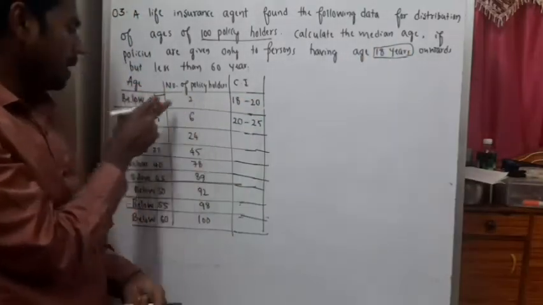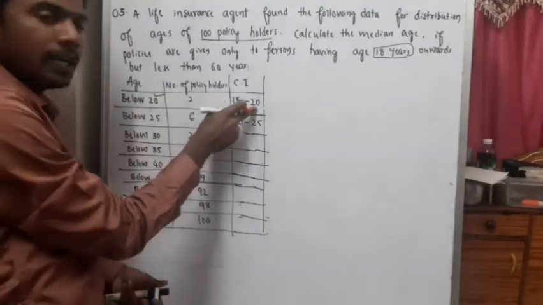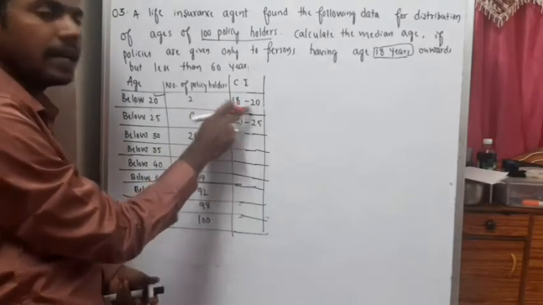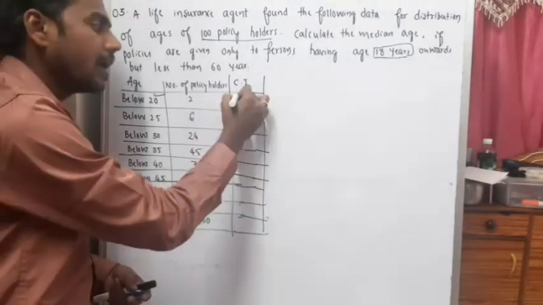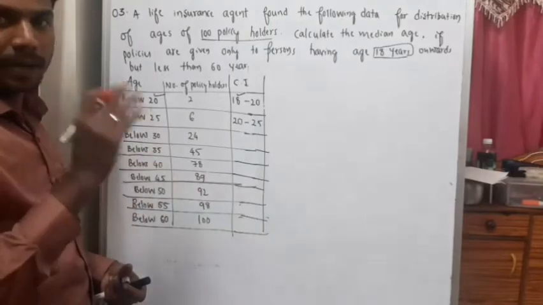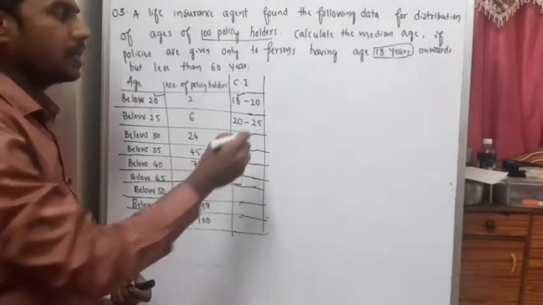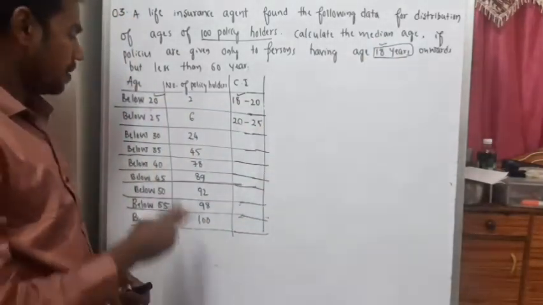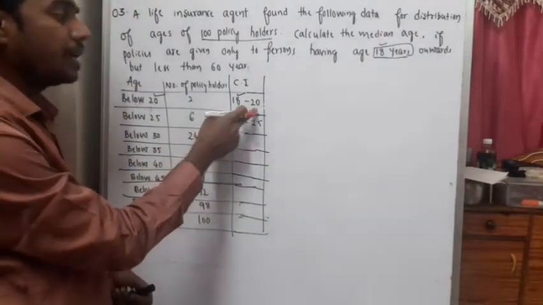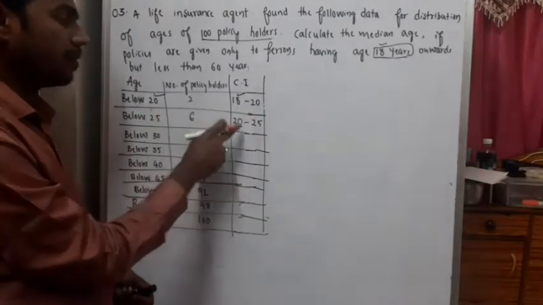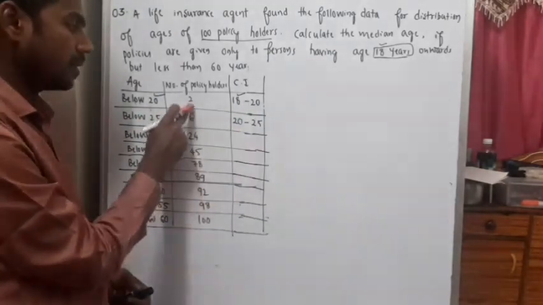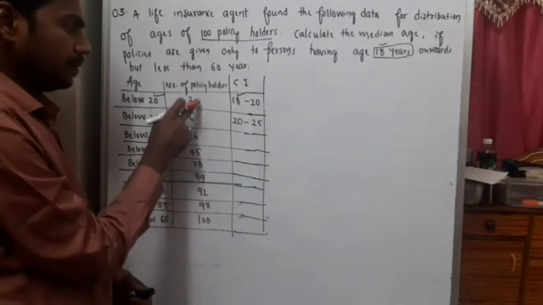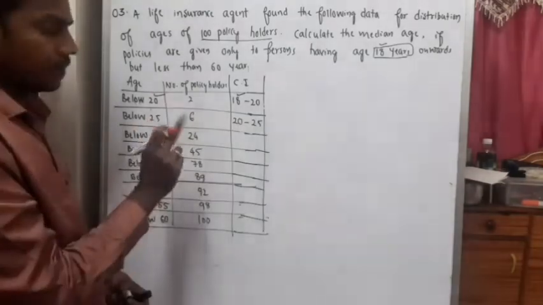So below 20 means it should be between 18 to 20, because 18 is the least age, the minimum age wherein the person can get insurance. So now 18 to 20 is already there. Now below 25 means 20 to 25, because if we add, it includes both this as well as this.